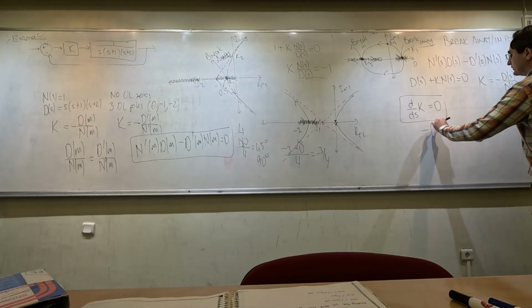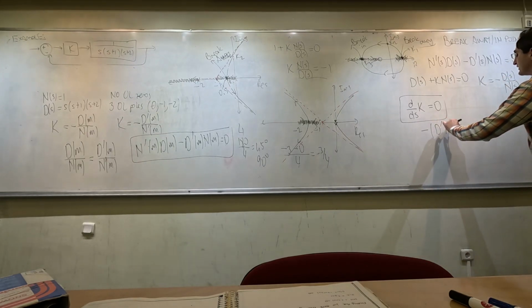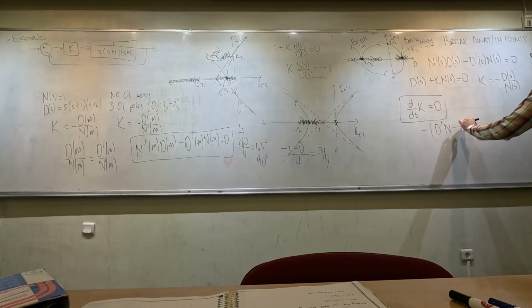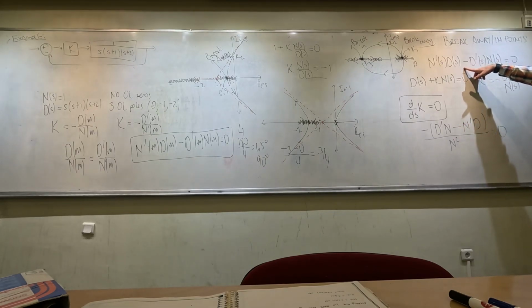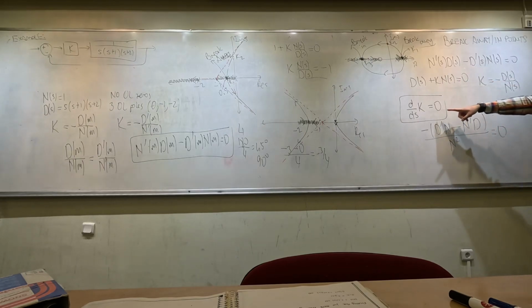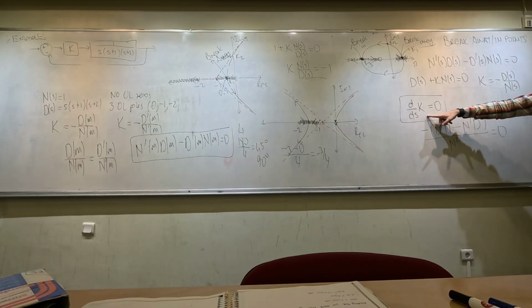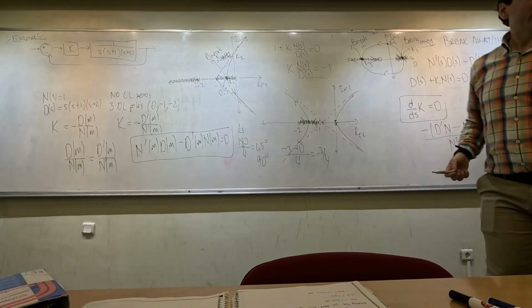Derivative of the first term, I have d prime times the second term, minus derivative of the second term, n prime times d, divided by n squared is going to be equal to 0. Okay? But if I write this equation, then the numerator should be equal to 0, because the overall ratio is 0. The numerator being equal to 0 is exactly equivalent to this equation. Okay? So sometimes instead of writing this equation, people would write just this equation. But that is exactly the same thing.